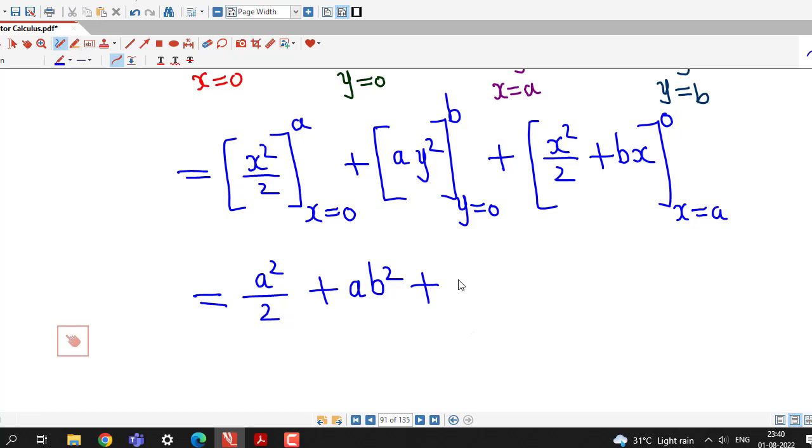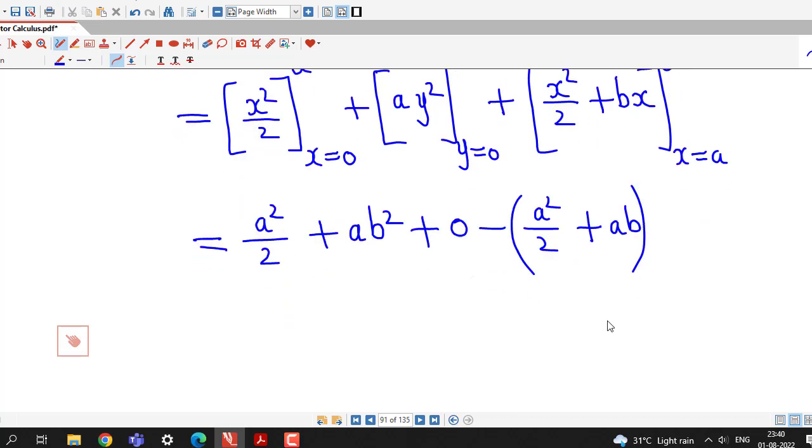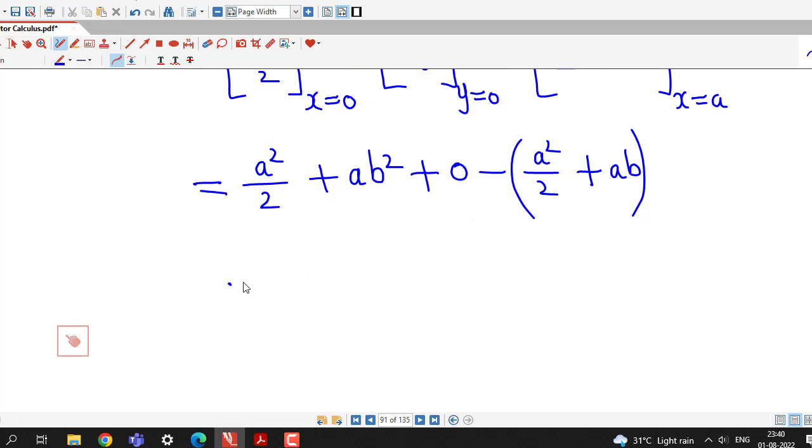So first we write for upper limit we have 0 minus, if we put x equal to a, we have a square by 2 plus a into b. Now we simplify this, so we can see this a square by 2 will cancel out, and we are left with ab square minus ab, and if we take ab common, we are left with b here, and there is 1 here.